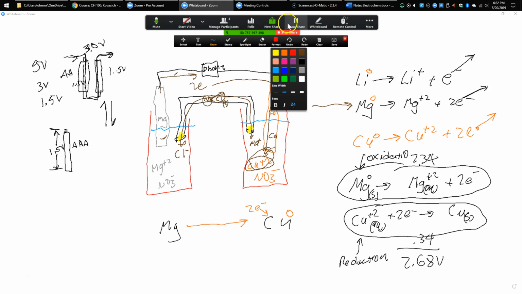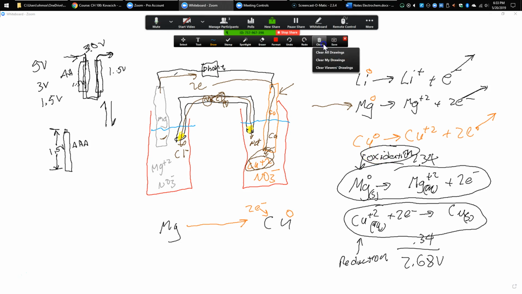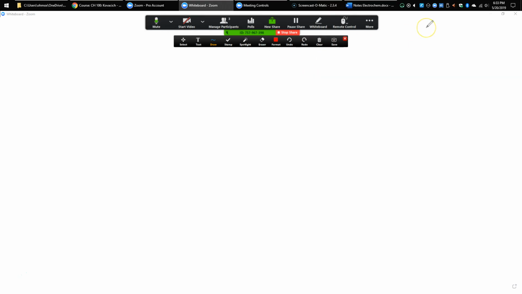So anybody have any idea why the term for this is called oxidation? What does it sound like must be around? Oxygen, yes. So why do they call it oxidation when we just saw a reaction and there was no oxygen around?